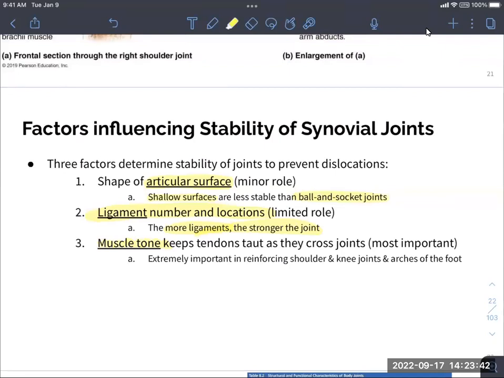Just like in the knee, there's a lot of muscles in there to hold things together. We looked at the arches of our feet in the appendicular skeletal lecture. There's a lot of muscles on the bottom of your feet, very small muscles, but they do a great deal to actually help hold the arches of your feet.